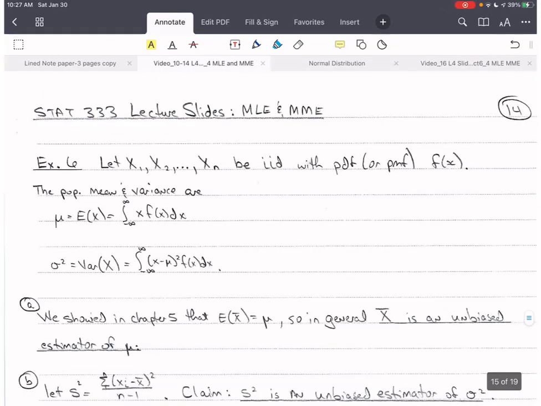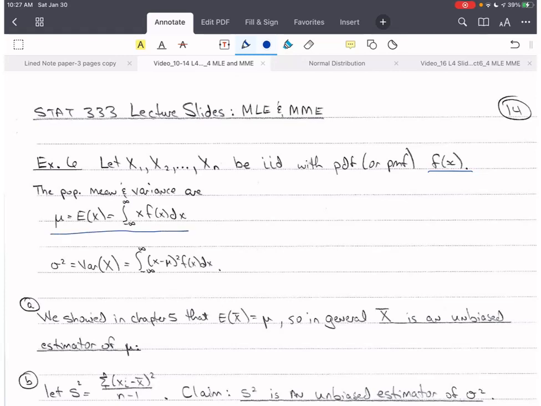All right, so this is example 6. So we want to let x1, x2, up to xn be IID with a PDF or PMF f of x. Then the population mean and variance are given by these formulas, which we should definitely know here. We're going to assume that this is a PDF in this case.